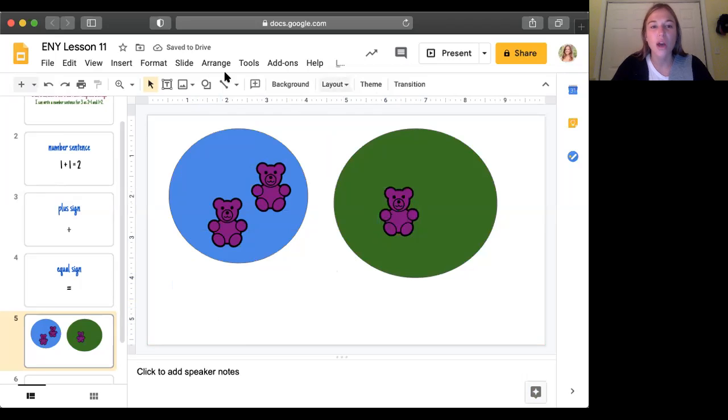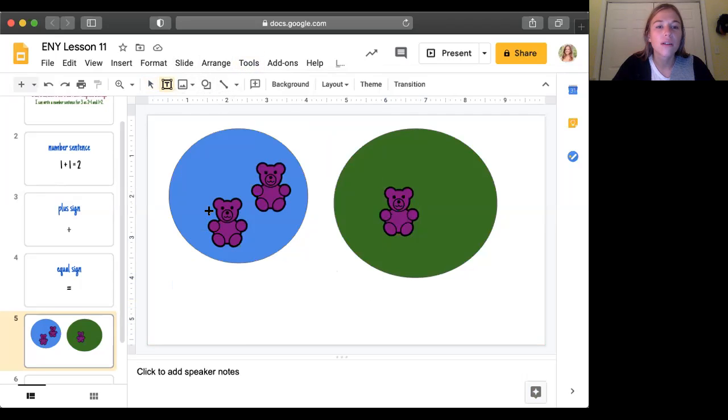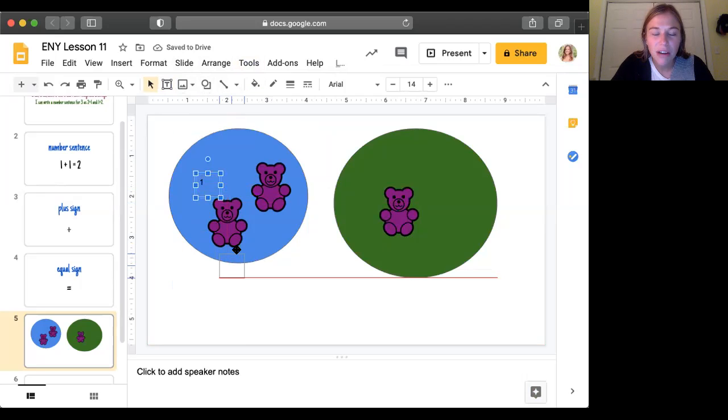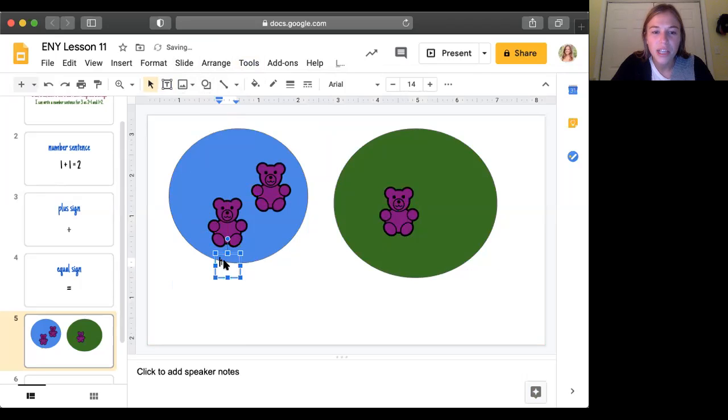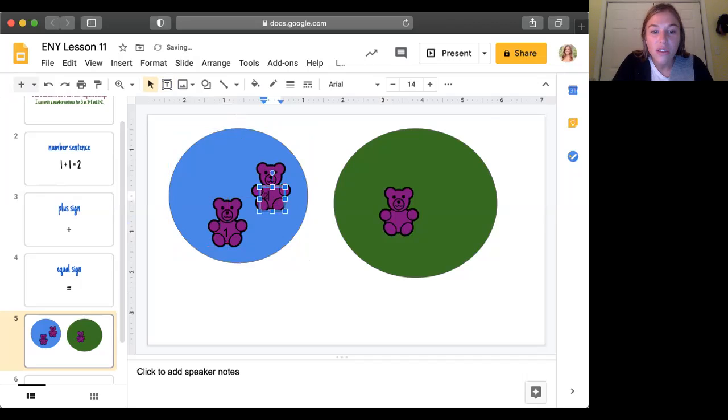All right, so I have one bear here. So I'm going to label that with a 1. And then I have another bear that was playing in the water. So I'm going to label him as 2 because then I know that there are 2 in the water.